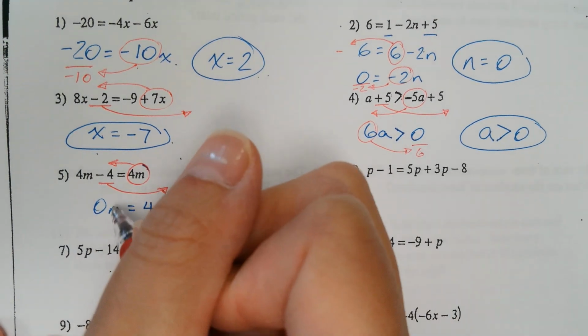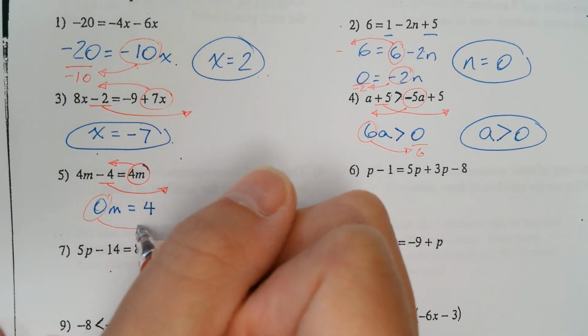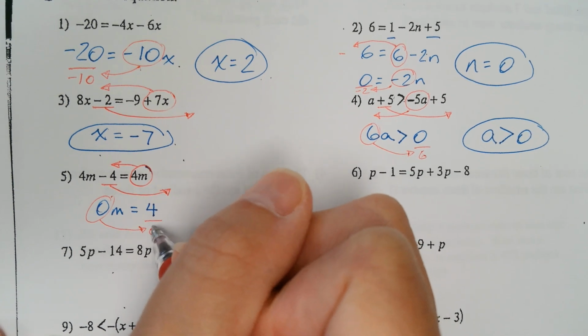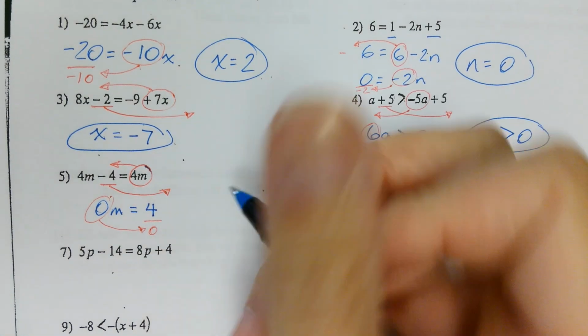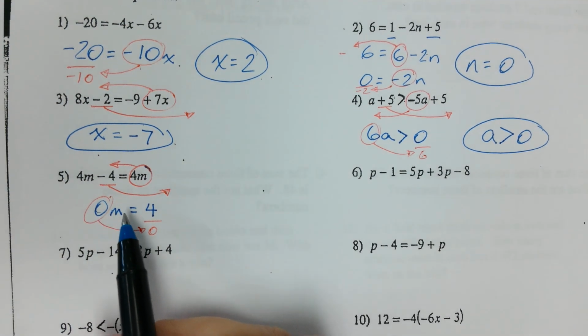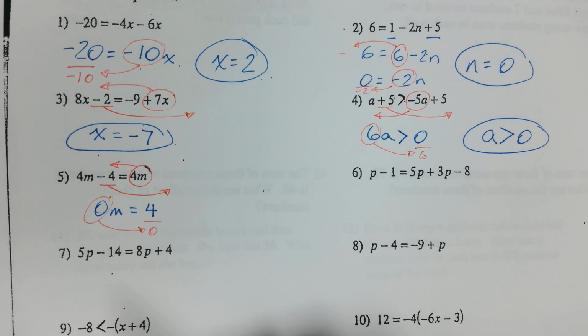So to solve for m, that means I have to divide it by 0. Check on your calculator if you want. What's 4 divided by 0? Try it. 4 divided by 0 is not 0. It's error. If you think about it, the question is asking you, 0 times what would give you 4?